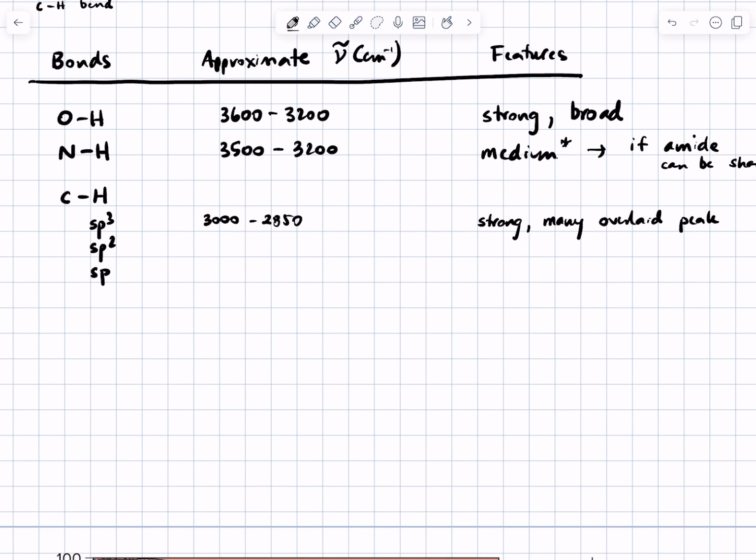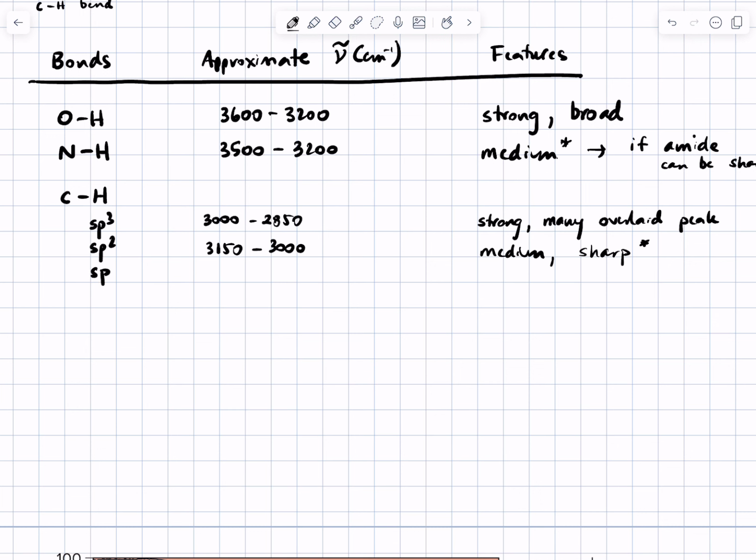For molecules with just a few or one sp2 hybridized carbon-hydrogen bond, these tend to vibrate at slightly higher frequencies, so they'll be separated from the cluster of peaks that represent an sp3 hybridized carbon-hydrogen bond. They tend to be pretty low in intensity, but they also tend to be pretty sharp.